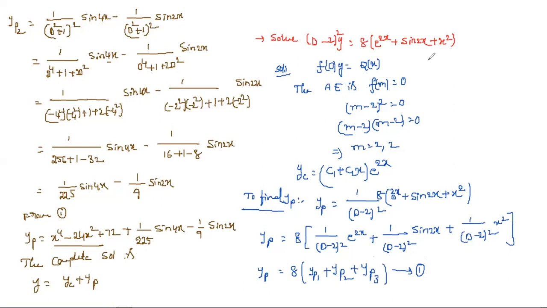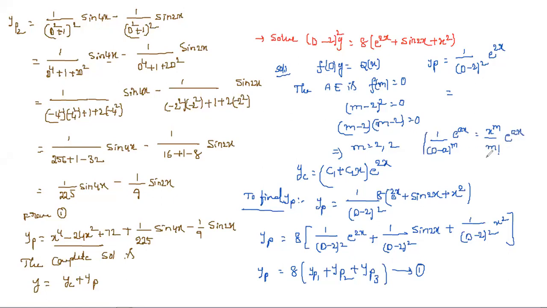First yp1. So yp1 is equal to 1 by D minus 2 whole square into e power 2x. So what is the first type? Directly we have to substitute D as a. Here the x coefficient is 2. If we substitute 2 here, we will get 0. So for that, is there any formula for us? 1 by D minus a whole power m into e power ax is equal to x power m by m factorial into e power ax.